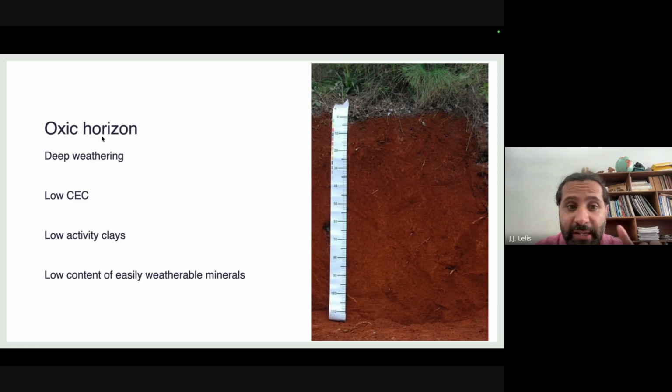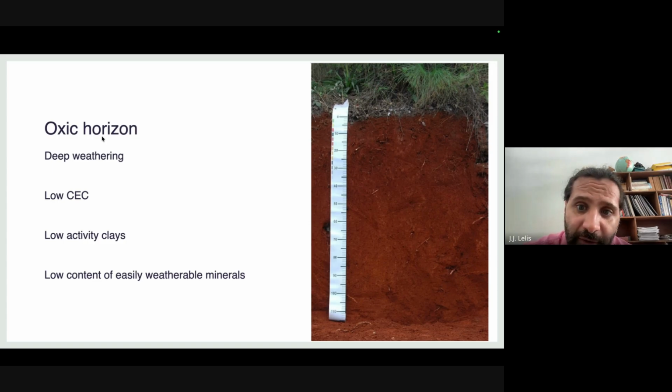Okay, sometimes we can find these oxic horizons in very dry conditions. Sometimes the precipitation is lower than 300 millimeters per year, and we can find oxic horizons.